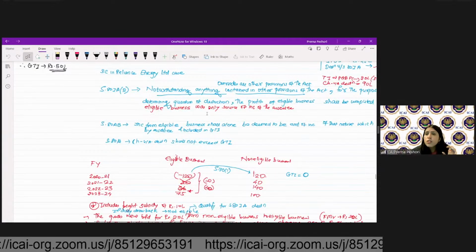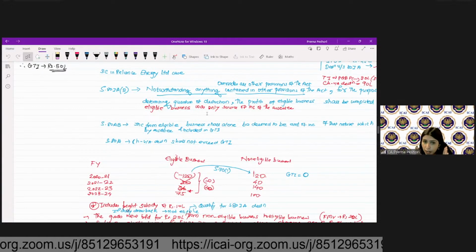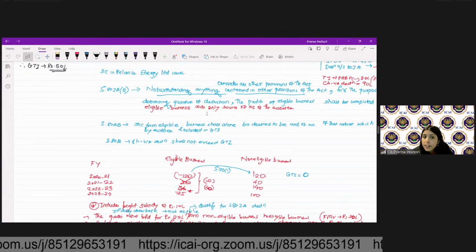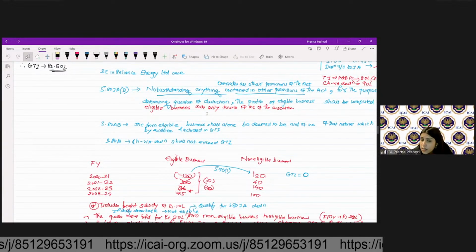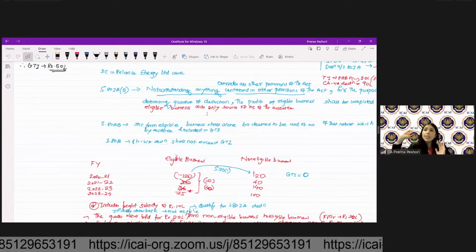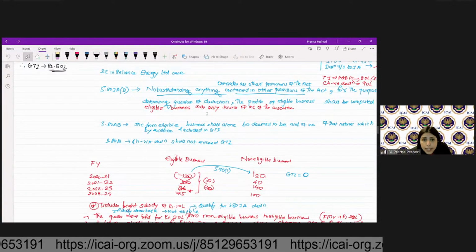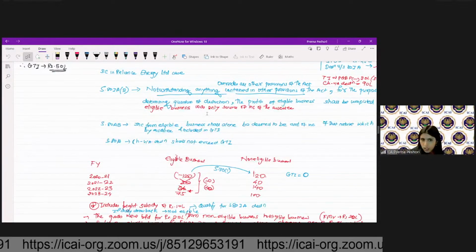So what you have to do is first set off that loss against the eligible business while computing the deduction. So we'll not give the deduction for 20. We'll not give the deduction for 60 until and unless this 120 is set off. So even though your 120 has already been set off against the non-eligible business, for computing the deduction I will consider as if the eligible business is the only source.